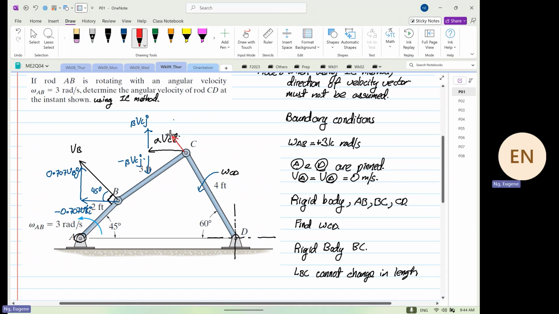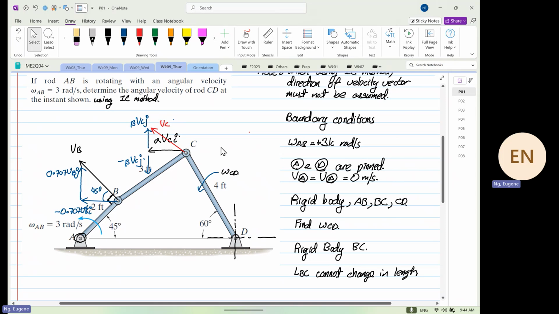If we assume this direction, which is not a very good direction to assume, but let's say we assume it for argument's sake, that is our VC.